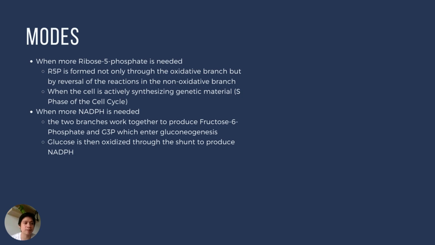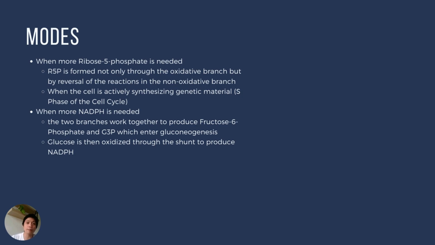So what happens? The two branches, the oxidative, proceeds faster, and the non-oxidative proceeds also faster to produce eventually fructose 6-phosphate and glyceraldehyde 3-phosphate, which then feeds into gluconeogenesis.